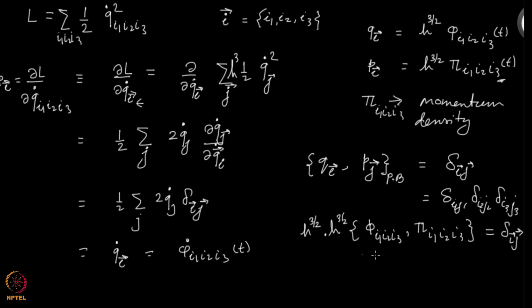Okay. Or you can divide by the volume on that side and write the following. I will write on the next sheet. So, I have a δ_ij, I have to divide by the volume, and I have on the left the Poisson bracket of φ and π.